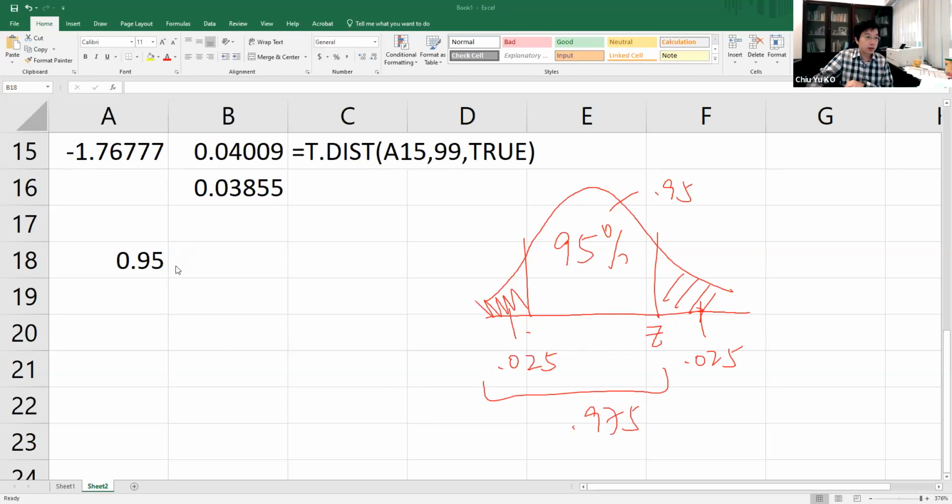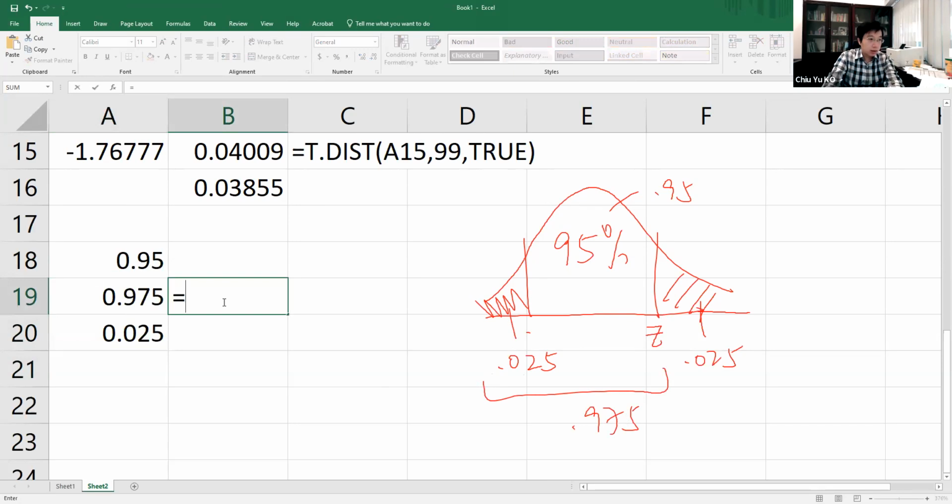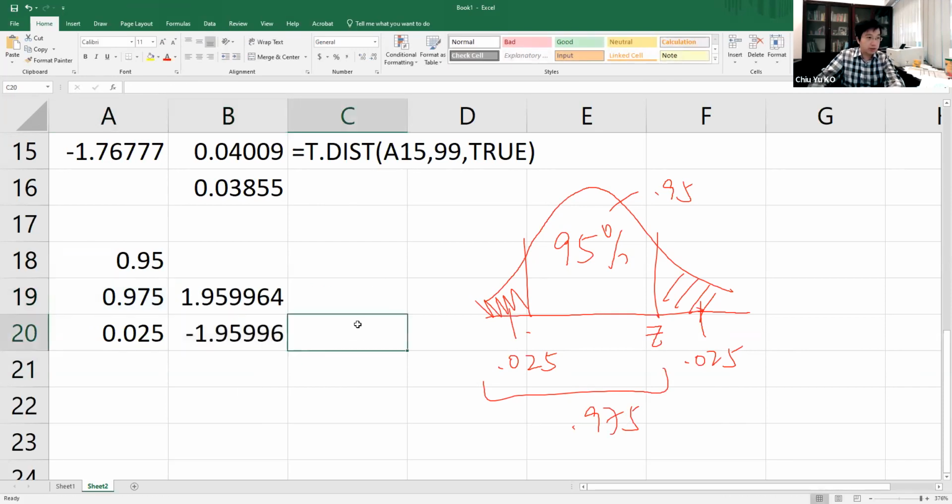Either you can use this or you can use this, the norm standard inverse of this. Actually, they're symmetric, so regardless of what you use, it is 1.96. That's why I use it in this slide.